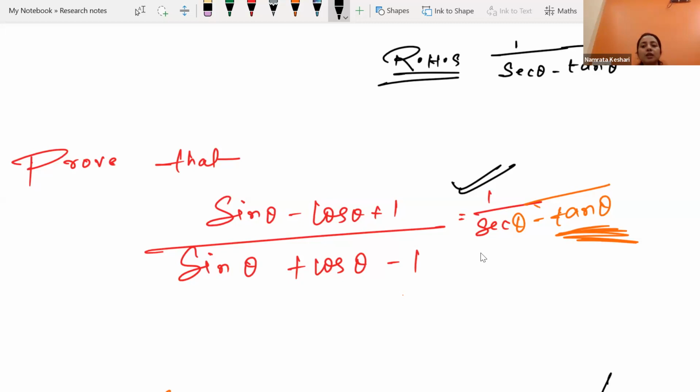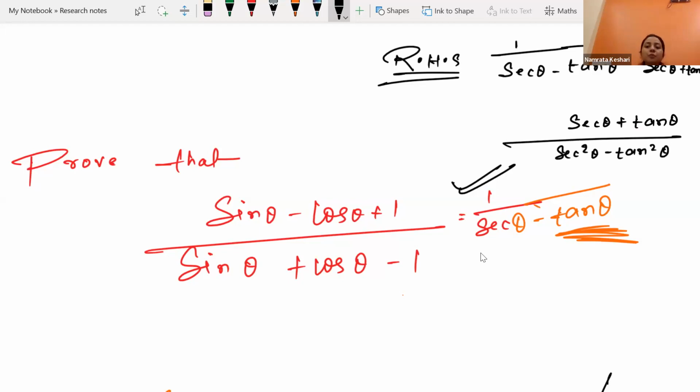Sec theta plus tan theta, then in the denominator it becomes sec square theta minus tan square theta, and in the numerator just sec theta plus tan theta. Can you see the denominator is getting 1 and we are getting sec theta plus tan theta? Are you getting it?